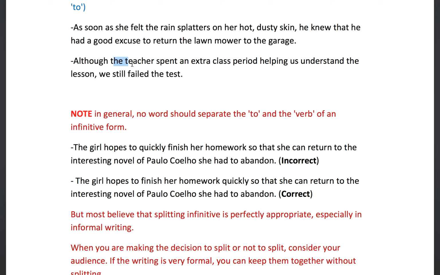The teacher is the subject of the sentence, spent is a verb, and an extra class period is the object of the sentence. Here we have us as the object and also understand. You can say helping us to understand, or you can omit the to here.